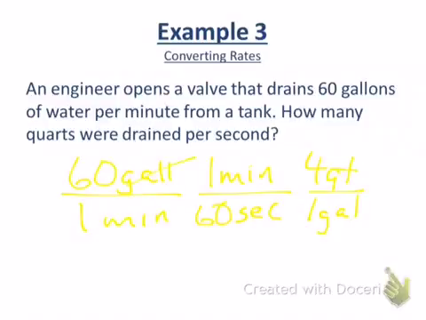So gallons cancel, and minutes cancel, and what are we left with? Quarts per second. The 60s cancel, and we're left with 4 quarts per 1 second. Okay? All right, so using the unit multiplier really doesn't take a whole lot more time. Okay?